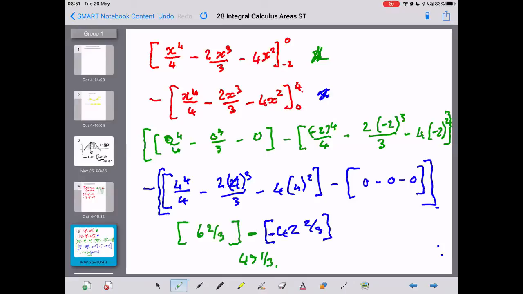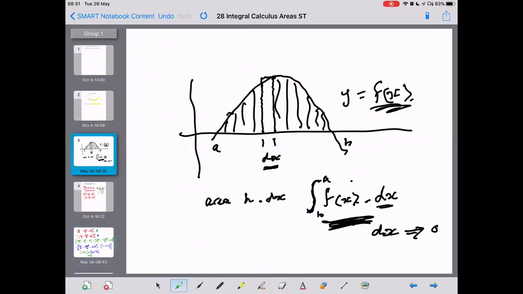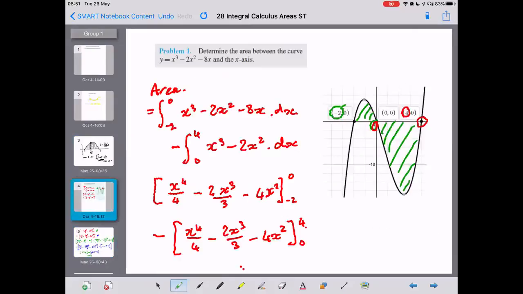So that's the area between that graph, the area shaded in green there, between that function and the x-axis. All right.